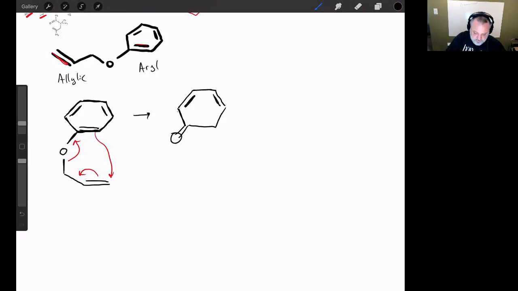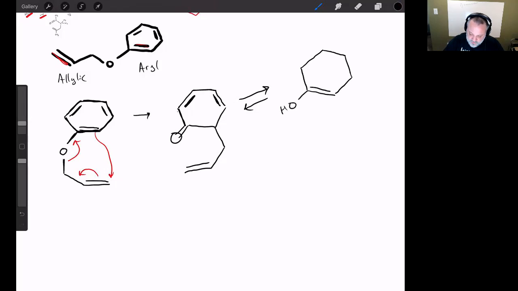It's got this situation going on. And so if you remember from alkynes, there's actually a situation where there could be tautomerization. And that's exactly what's going to happen. The subject in the middle is not actually isolated. What we get is actually the enol, and the reason we get the enol is because we restore the aromaticity.